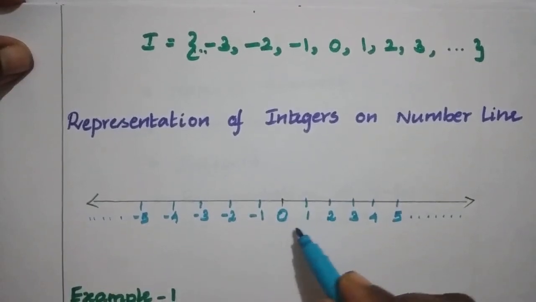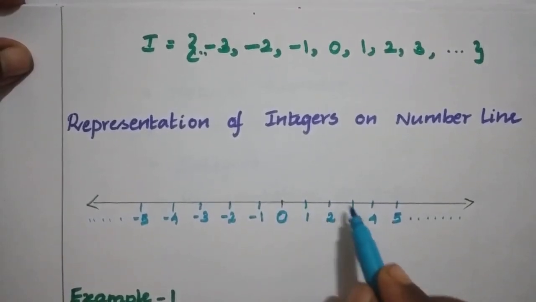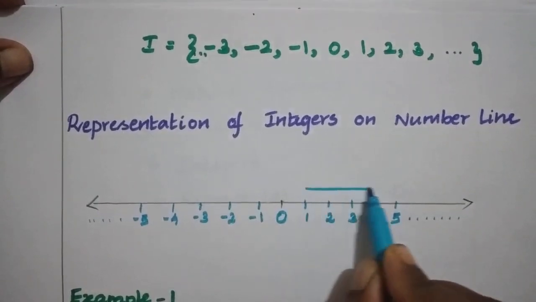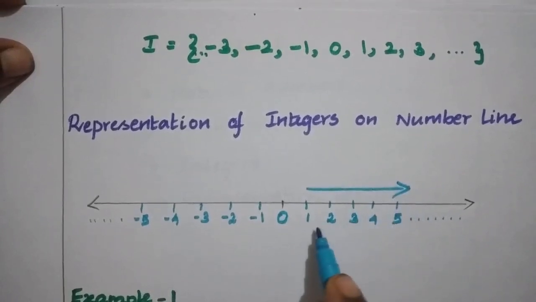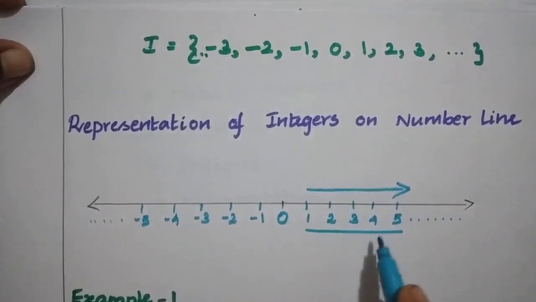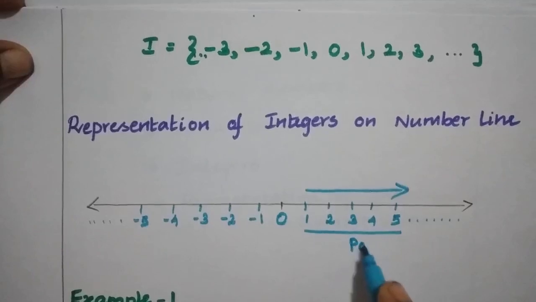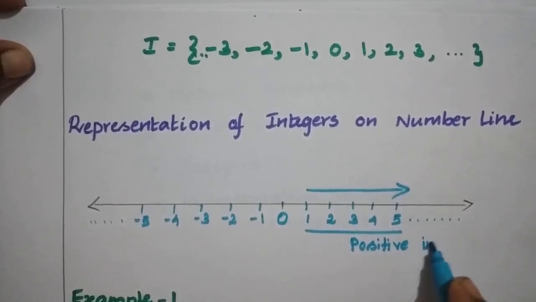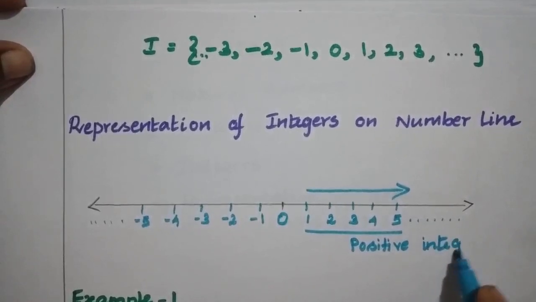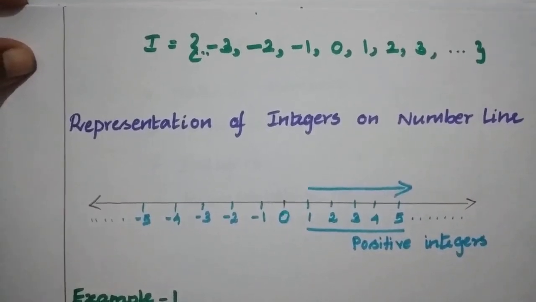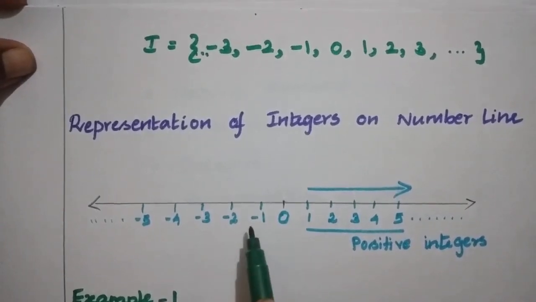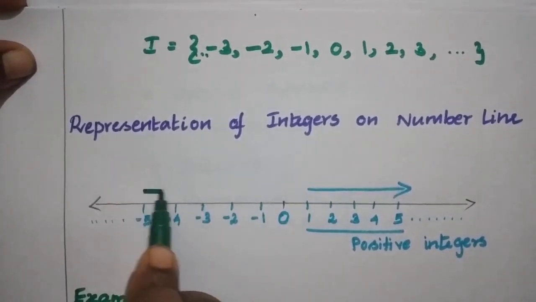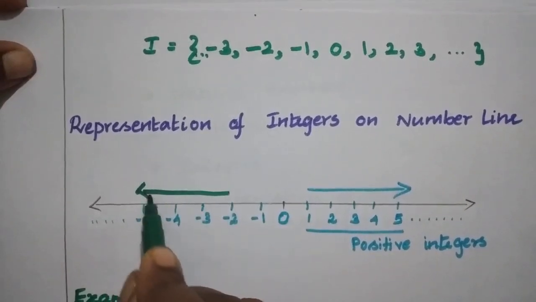The numbers to the right of 0 are increasing, and they are all positive integers. The numbers to the left of 0 are decreasing.